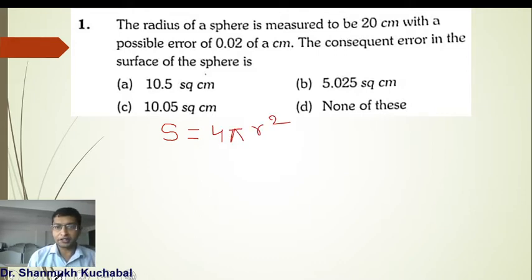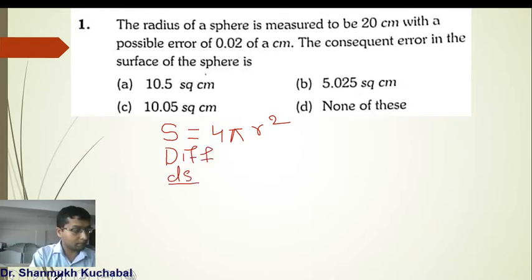It is changing, so we have to differentiate this one. Differentiating with respect to r, we get dS upon dr equals 4 pi 2r.